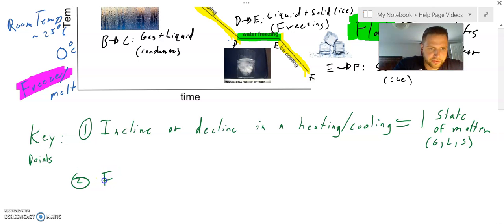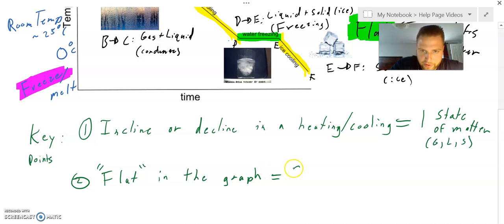When you see a flat, that's what I call them, a flat in the graph, what this means is that there are two states of matter present.